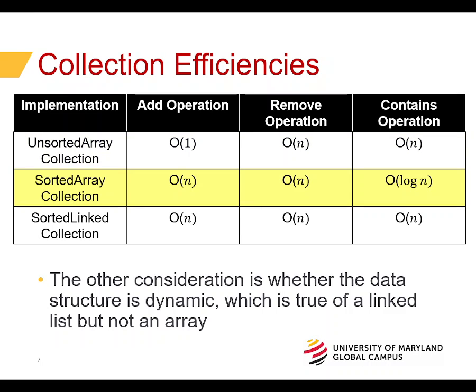Using a sorted array has the benefit that it can perform a binary search, which is why the contains operation is logarithmic. But both add and remove involve shifting elements, making them both linear. Finally, a linked list can only be searched linearly, and since all three operations involved a search, they are all linear.